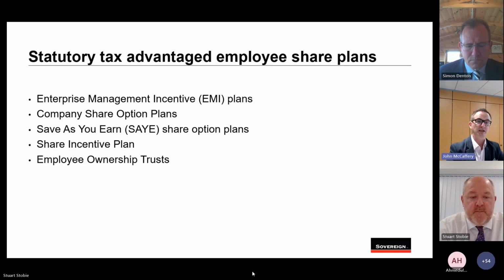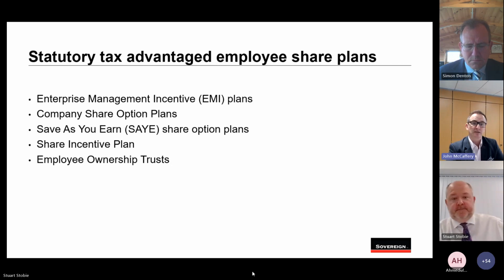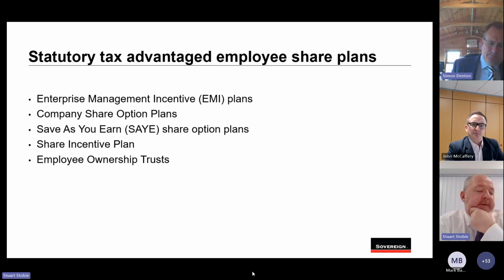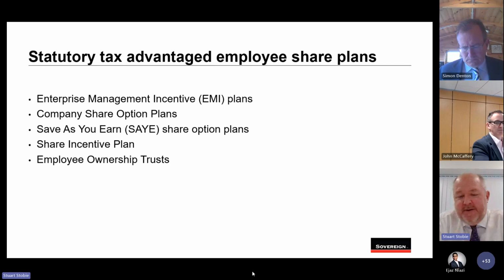But a share incentive plan is very much a larger company, share wide, bringing everybody along. In those circumstances, it's quite tricky to administer that one, and bonuses might work a little better. Yeah, absolutely. And then the last one on the list.